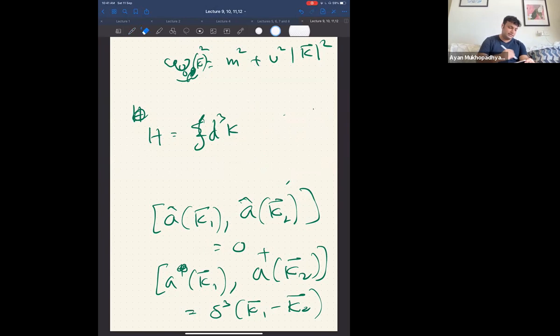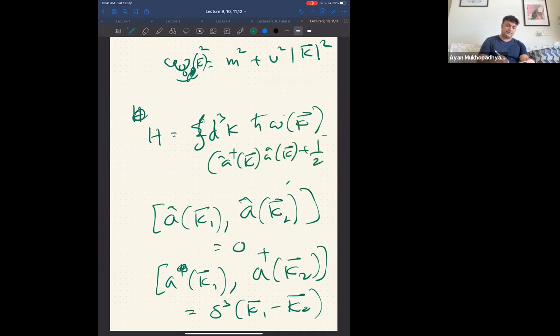Let me write it this way: h bar omega k, a dagger k a k plus half. Right? So I can always do this. So this is the first important statement. I would be able to then do this.